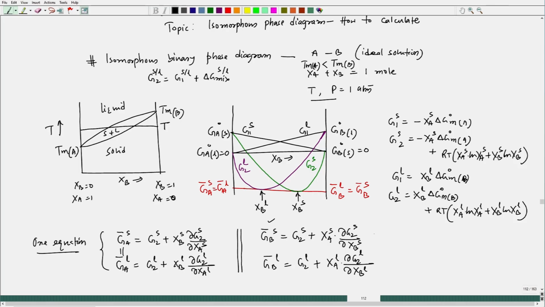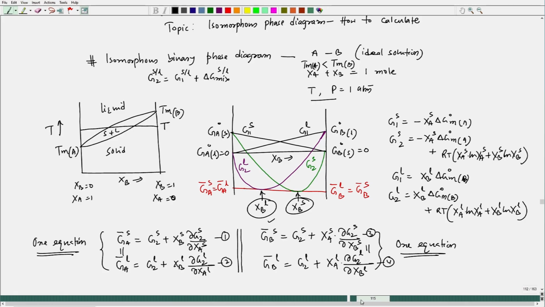So these two, if we equate them, we would get another equation. So these two equations would allow me to find out these two compositions. So our entire effort would be to find these four equations, 1, 2, 3 and 4. These four equations, let us find out.